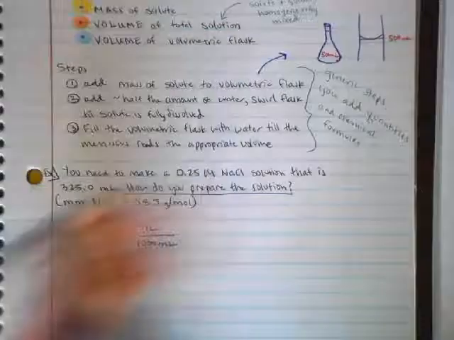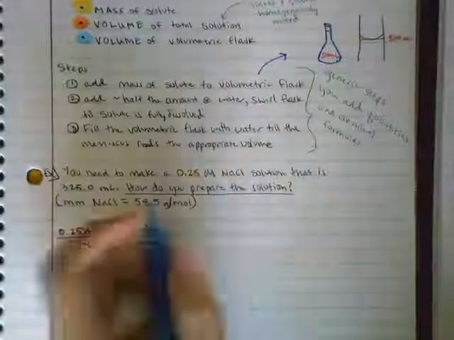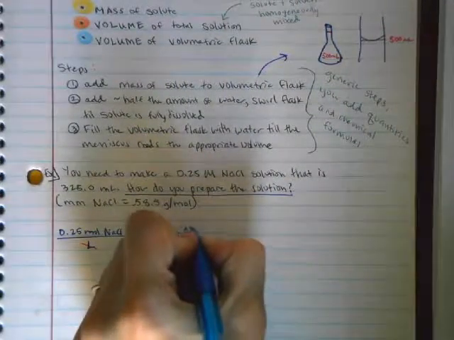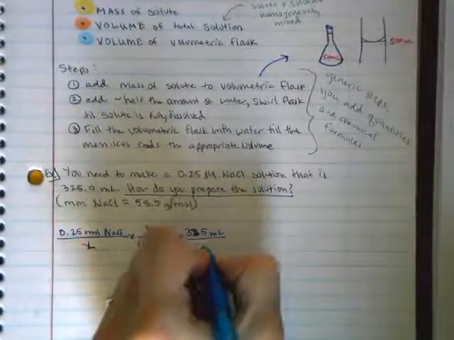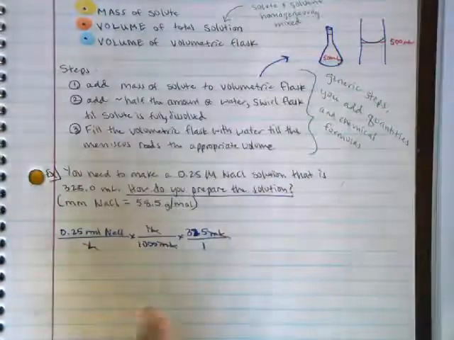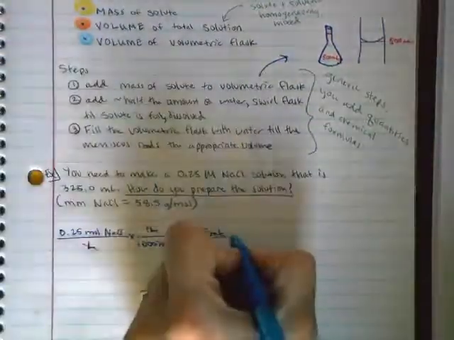It gets rid of my liters, and then I can multiply by 325 milliliters. And that gets me into moles. At this point, I can use my molar mass.